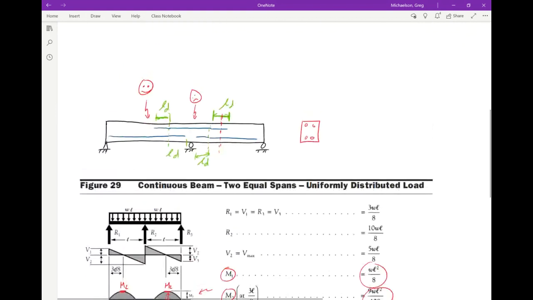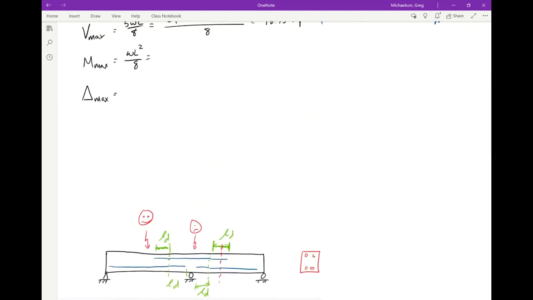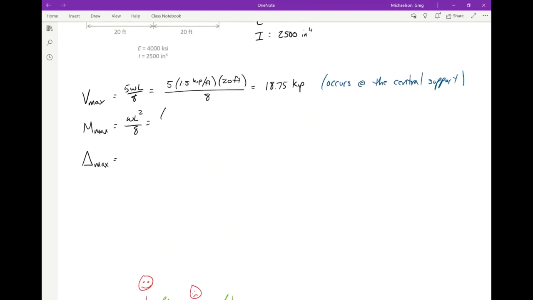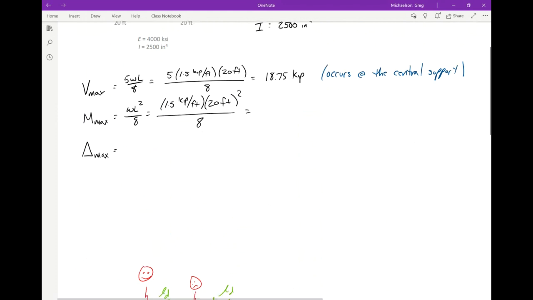It's WL squared over 8 because in this case, that is the maximum moment. It just happens to be WL squared over 8. So this is 1.5 kips per foot times 20 feet squared over 8.